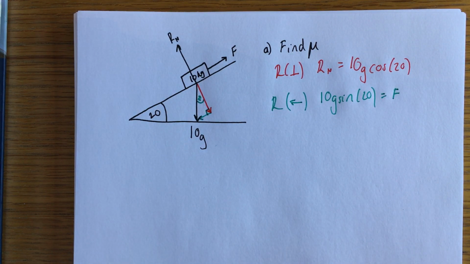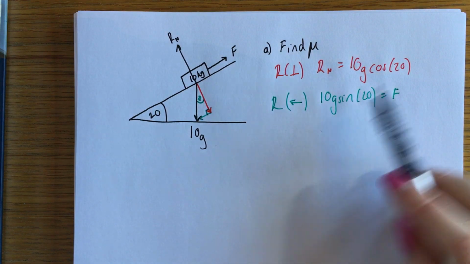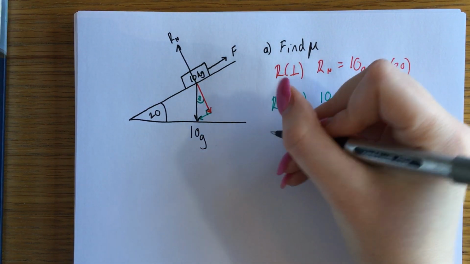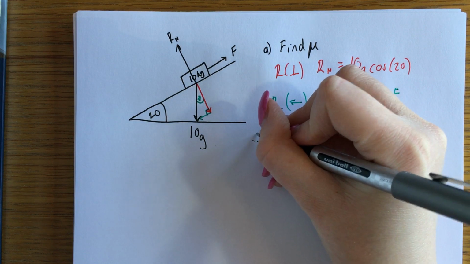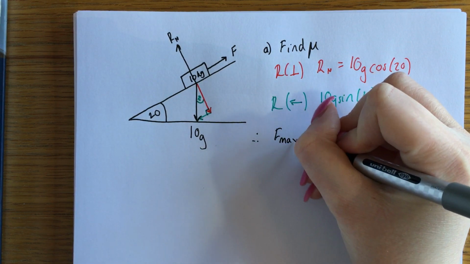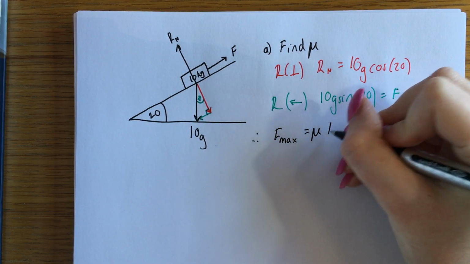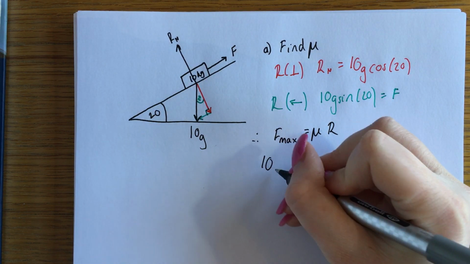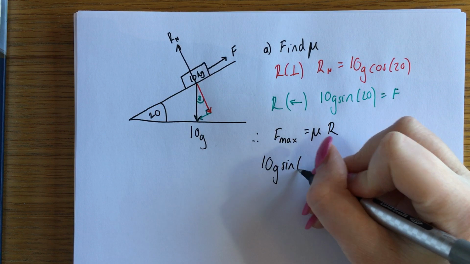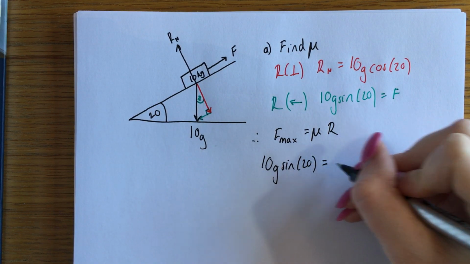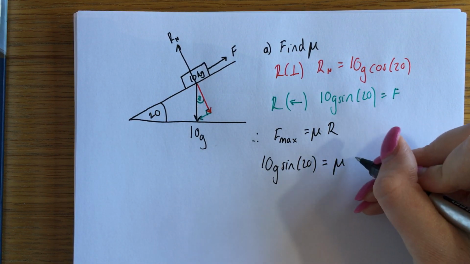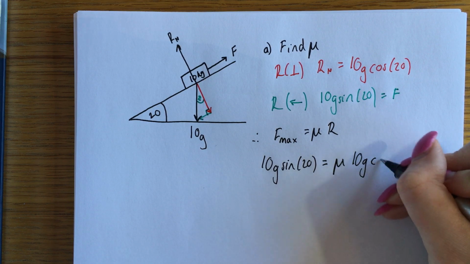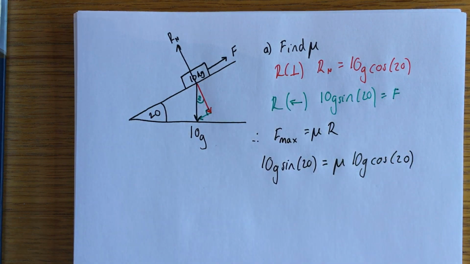So now I have a value for friction and a value for my normal reaction. So therefore, if I know F max is mu R, then I know that 10g sin 20 must be equal to mu multiplied by 10g cos 20.